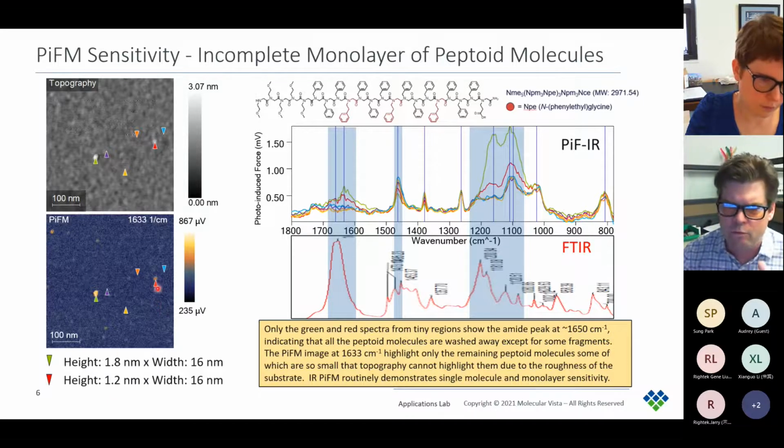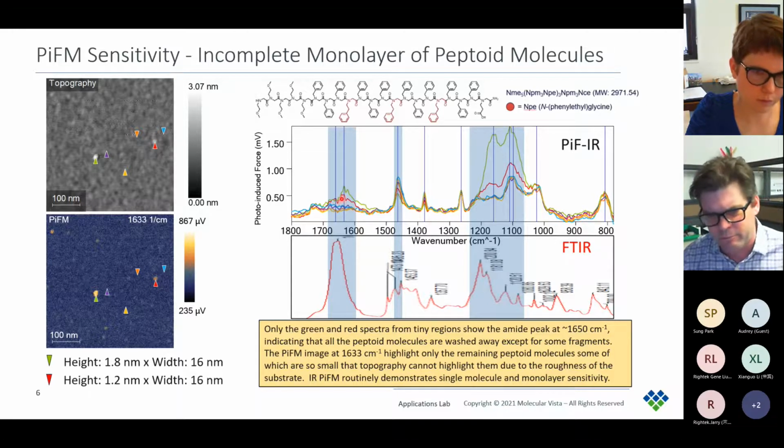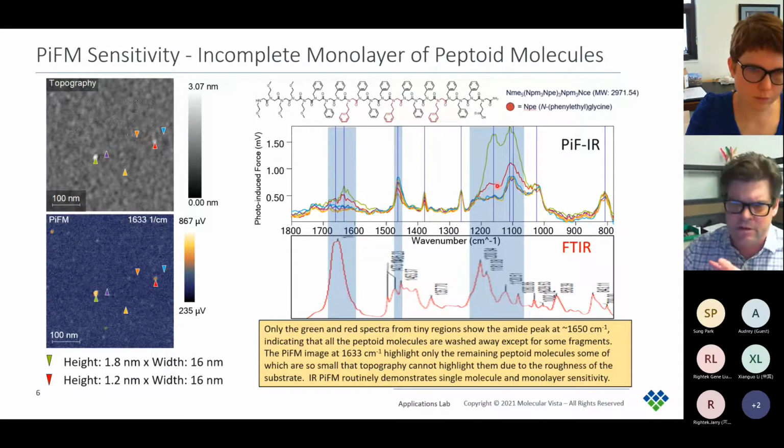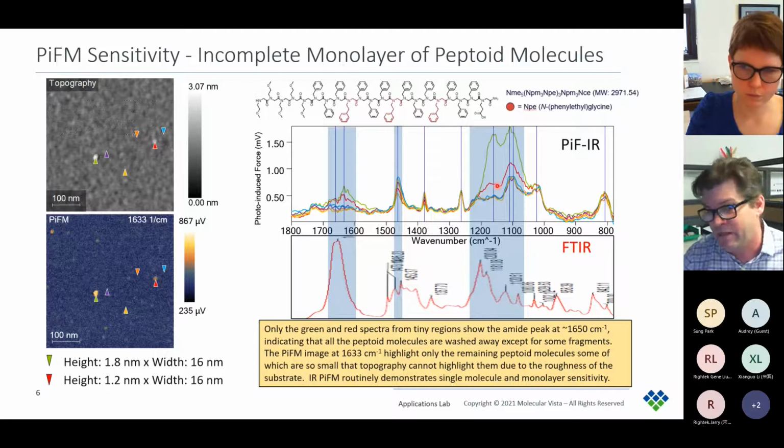And we're seeing a definitive result spectrally at those points. We're parking at those locations, taking a spectrum, and you're seeing a characteristic response that we would expect from those peptoids.